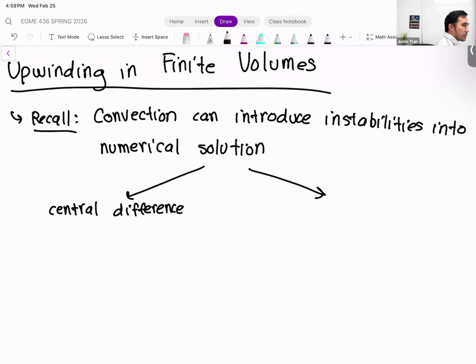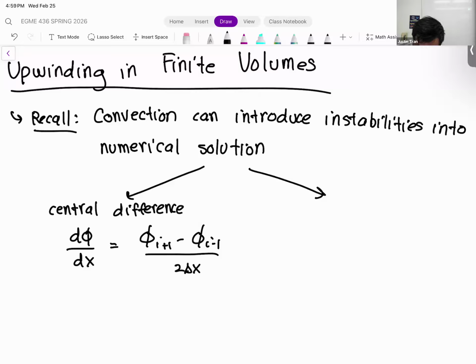Central differencing has better accuracy, so if you can make your solution stable with central difference, you'll end up with a more accurate solution. For central difference, dphi/dx is equal to phi(i+1) minus phi(i-1) divided by 2 delta x. So essentially, we had a balanced finite difference scheme for our convection derivative, which is a first order derivative.